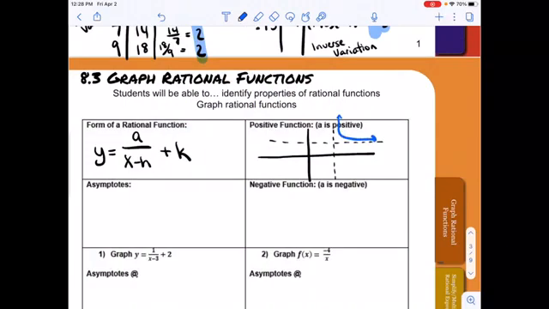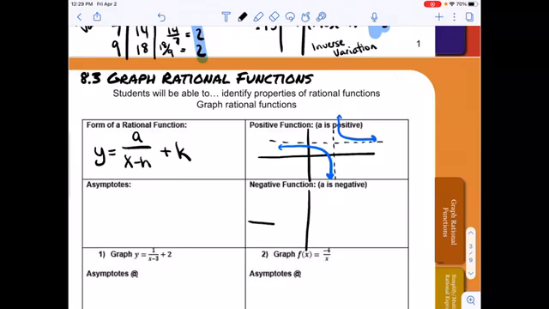It will never touch the asymptote line. It'll just come very close to it and turn. So notice for A being positive, our graph is in the top right and bottom left quadrants of our asymptote.